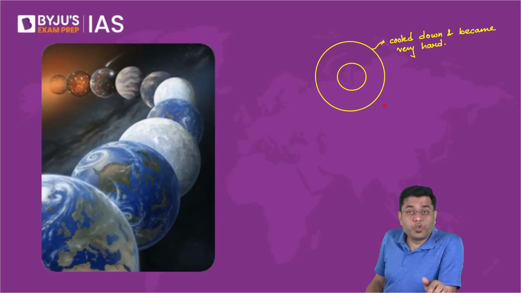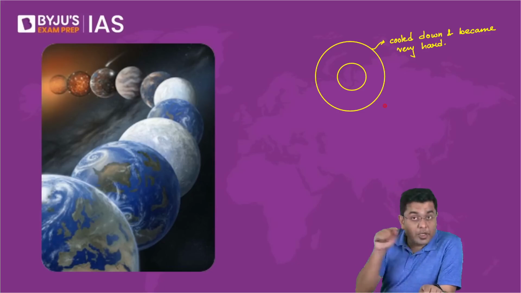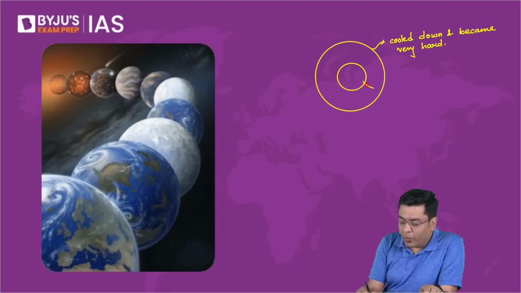But the lower portions did not cool down significantly. Lower portions, or the portions in the inside, they were still very hot. That heat continues to be trapped till today. This is the reason why the region of the core, the outer core, is in liquid state.